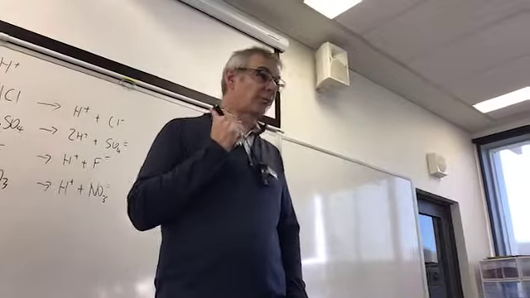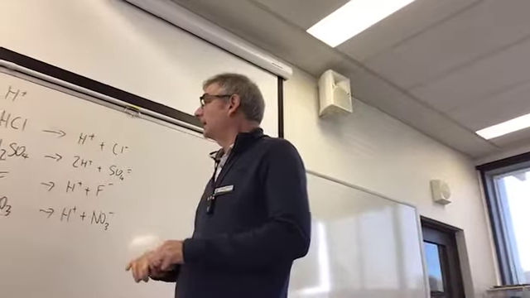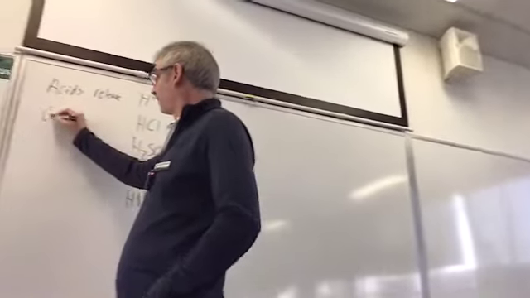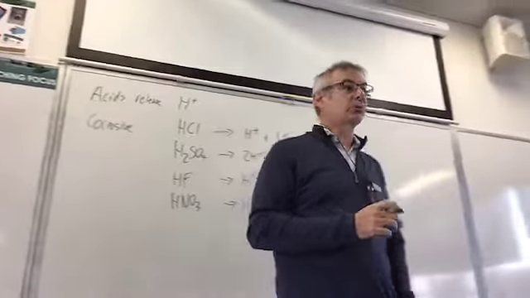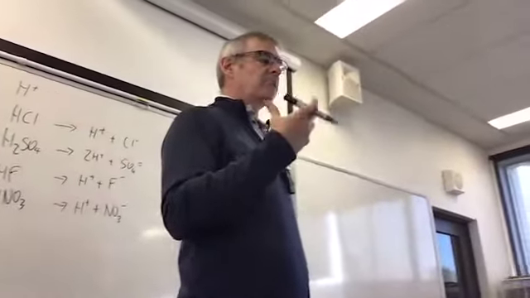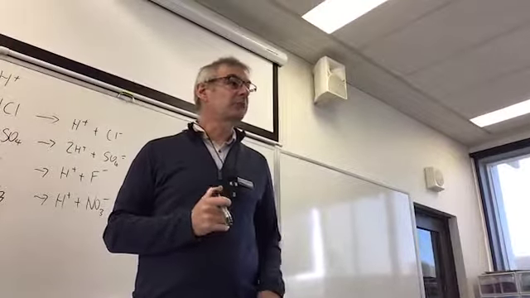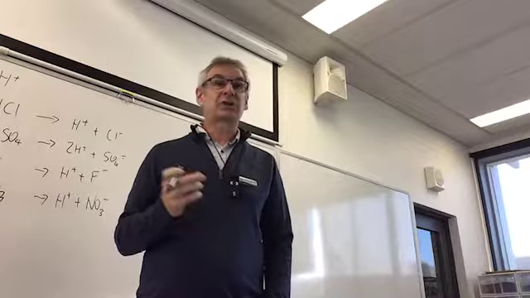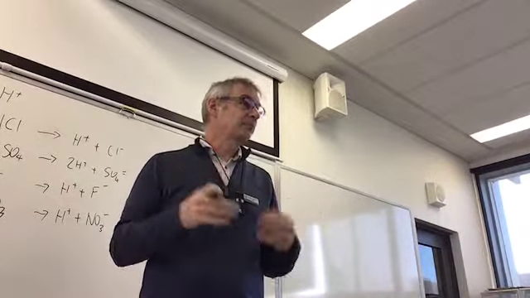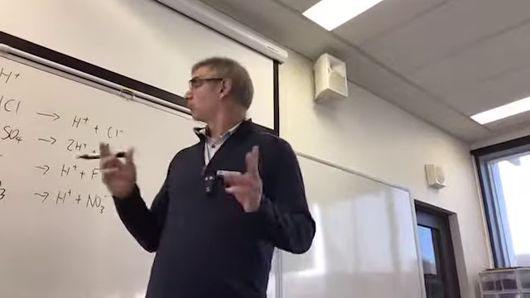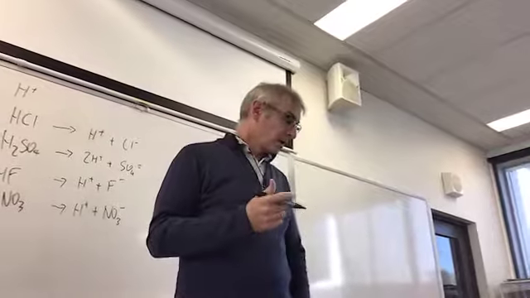So we're going to look at some of the properties of acids. Acids are corrosive, which means they will break down other materials. If you put a strong acid on metal, the metal will react with the acid and be broken down.